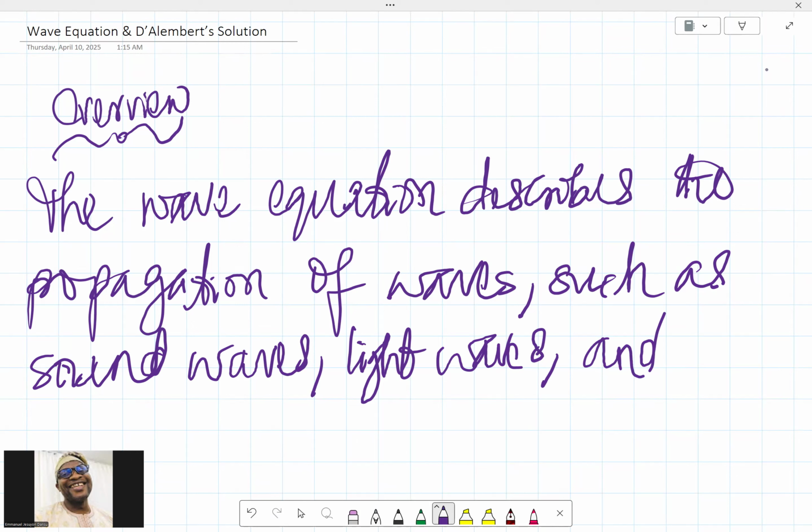So this is the expression: f of x plus g of x is simply equal to phi of x. That's for initial displacement.